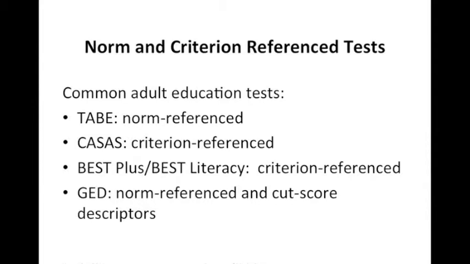So the cut score descriptors are basically like levels. And they're going to use the Common Core standards as criteria for GED testing when the new one comes out in 2014.